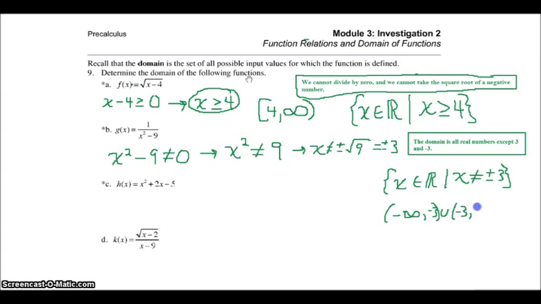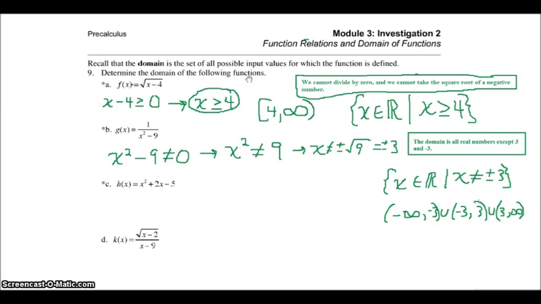Then all the numbers in between negative 3 and 3, but not including 3 or negative 3, and then all the numbers from 3 to infinity. This reads the set of numbers from negative infinity to negative 3, union with negative 3 to 3, union with 3 to infinity. And we don't have brackets like we had up here with the 4. 4 was included here in our domain, but down here 3 and negative 3 are not part of our domain.